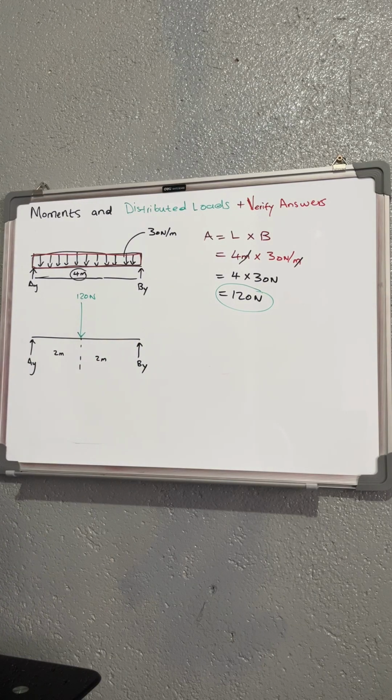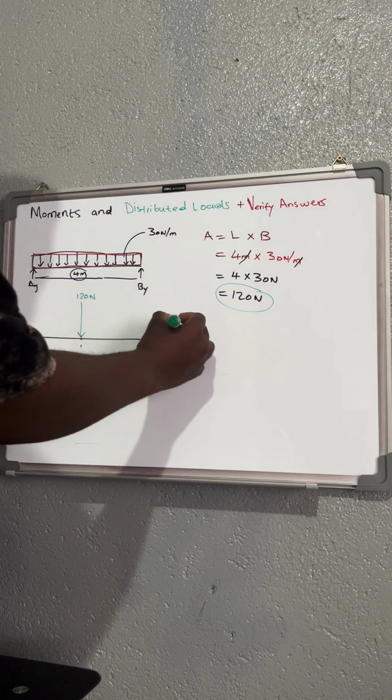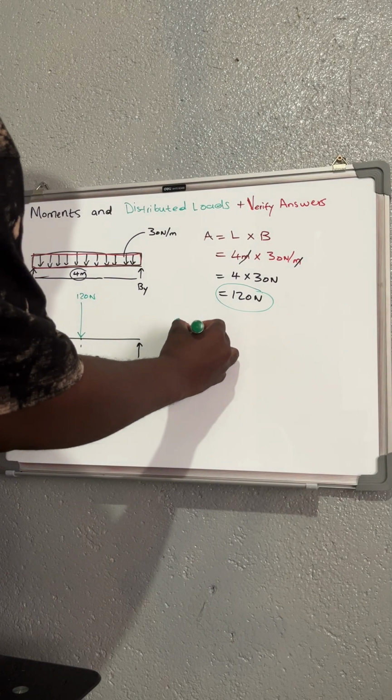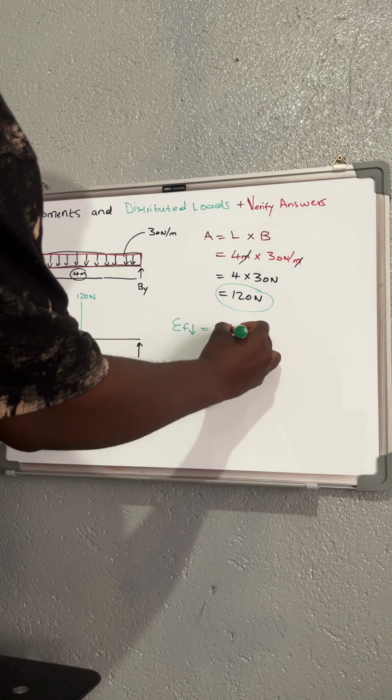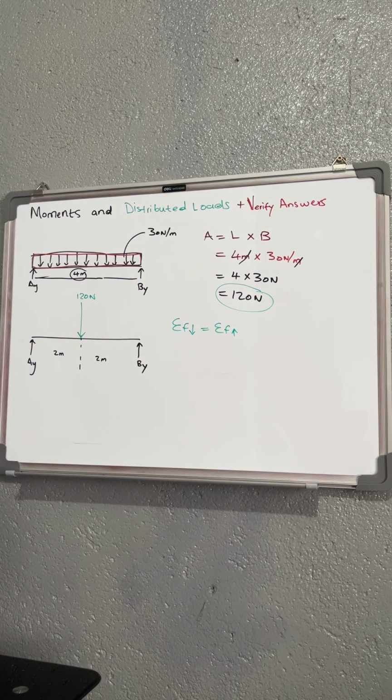After you've found them, remember you still use that formula to check if they are balancing. The sum of the forces going down must be equal to the sum of the forces going up, just to make sure you've done the correct calculation.